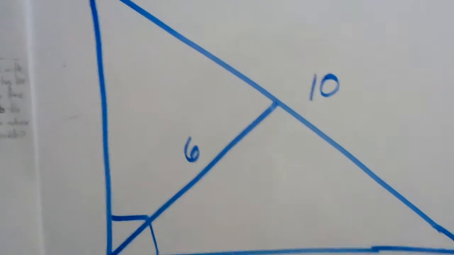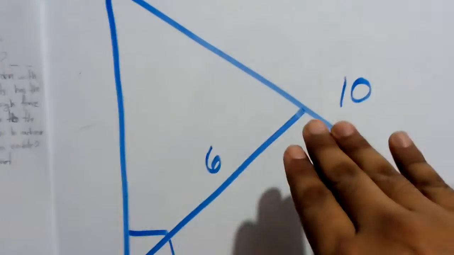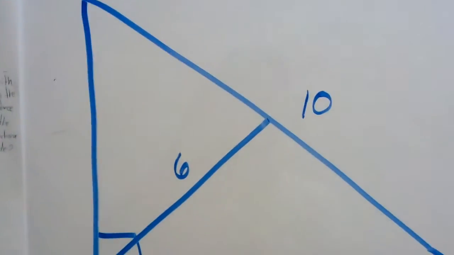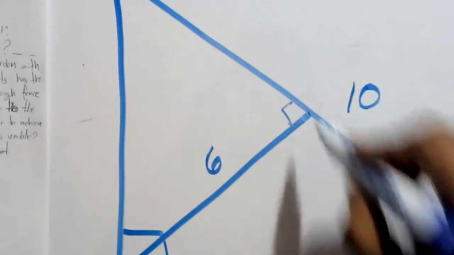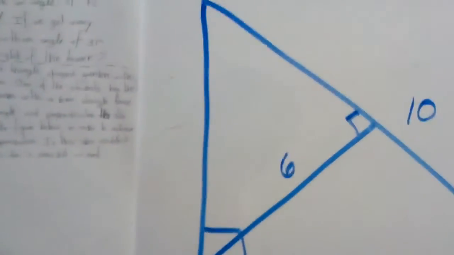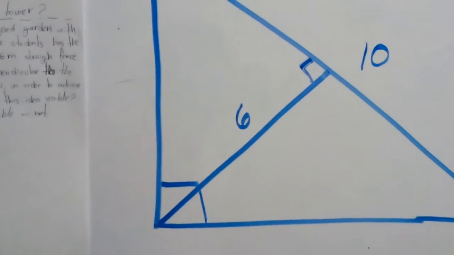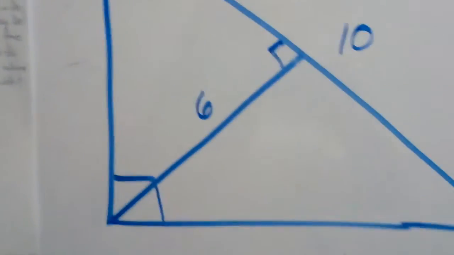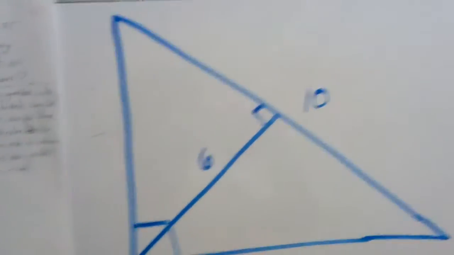The straight fence is supposed to go from the right angle to the hypotenuse, and it is perpendicular, which means it makes a right angle. The length of the fence is supposed to be 6 meters.